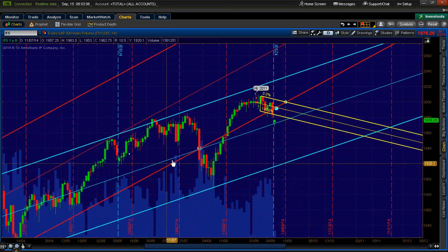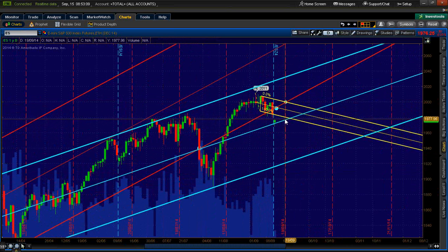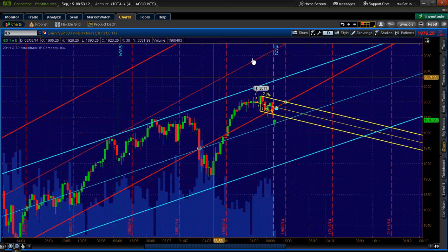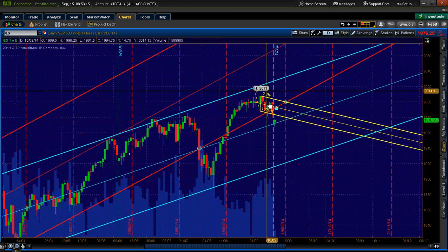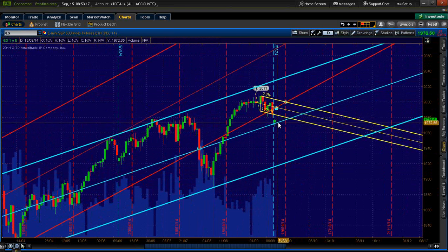We are testing the center line of the intermediate upward sloping fork. We've broken outside and below the longer term upward sloping fork. So right now I'm looking to see if we can hold this level here at the 1972. It's really 71 and a quarter that I'm watching. But if we can't, then we could see a bigger move down towards this lower line here.